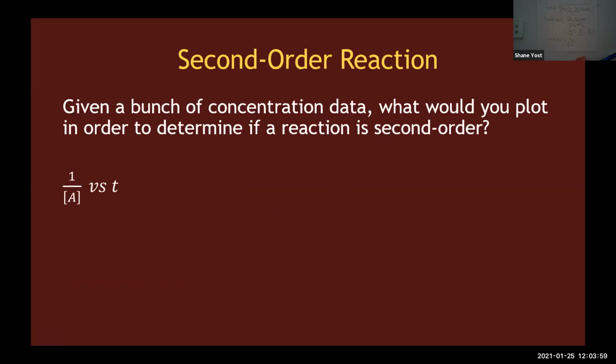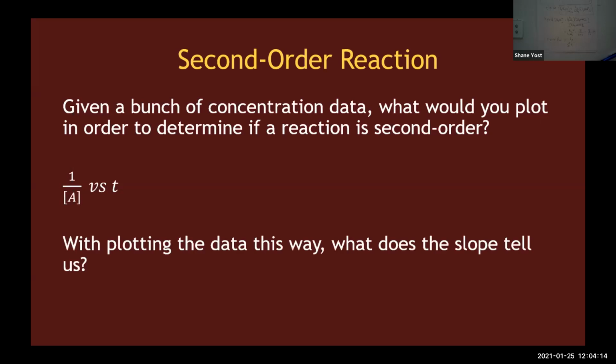So if I want to determine whether or not something is second order, and I have that concentration and time data, I would plot 1 over the concentration versus time. If that gives you a straight line, it's second order. If it doesn't, it's not second order. That's simple. And then the slope from this plot will give us what?